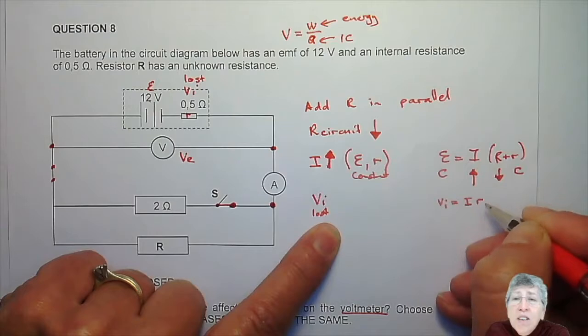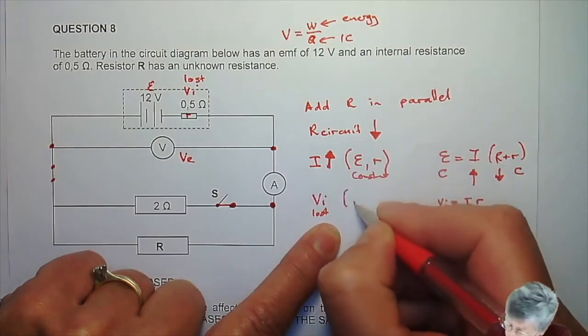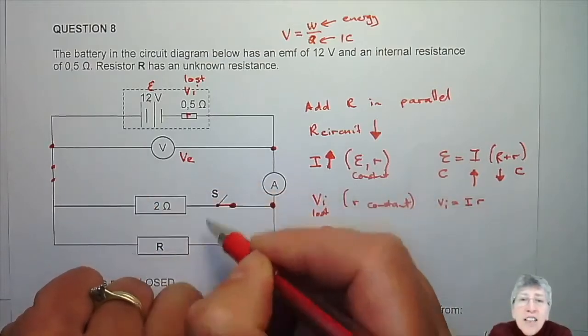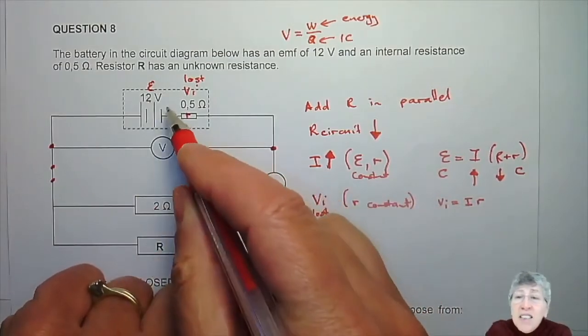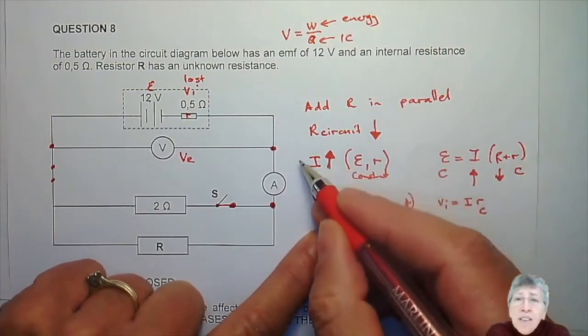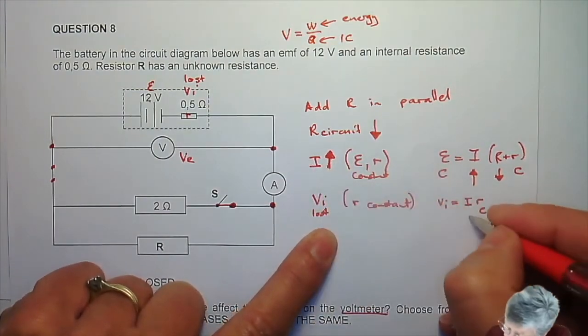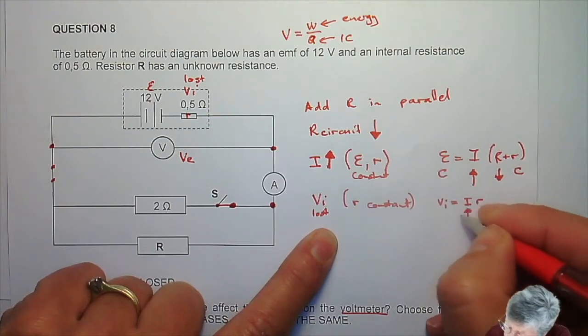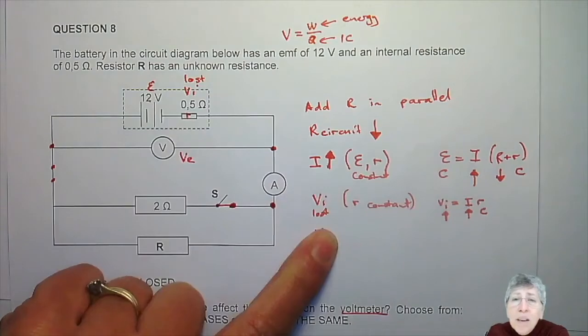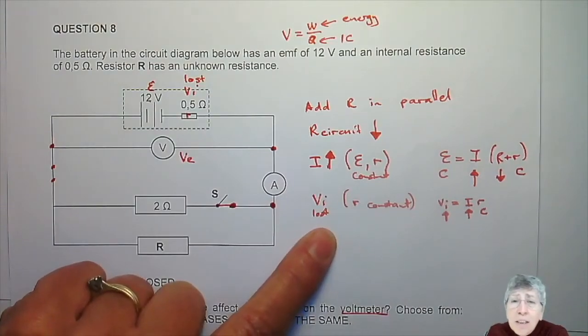And what do I know about internal resistance? That internal resistance is constant. Remember, I changed things outside. I didn't change the cell. So that r is a constant. And in the previous line, we just said the current is going to be bigger than before. And that immediately tells me more energy will be used up by the charges traveling through that battery.